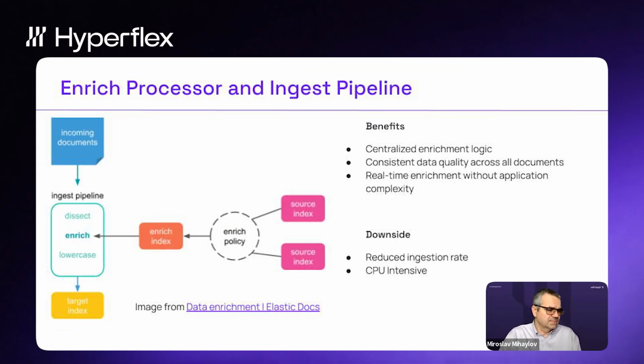And of course, from the visual documentation about the enrichment policies, we have our different source indices, which are typically static data, like a categorization of codes, zip code data, you name it.